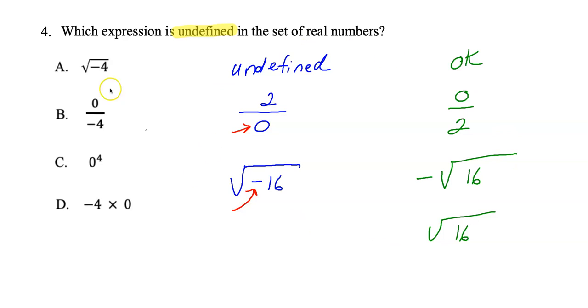So based on this, which expression is undefined? What do you think? Well, A is undefined because there is a negative sign inside the square root. And anytime you have a negative sign inside the square root, it makes the expression undefined.